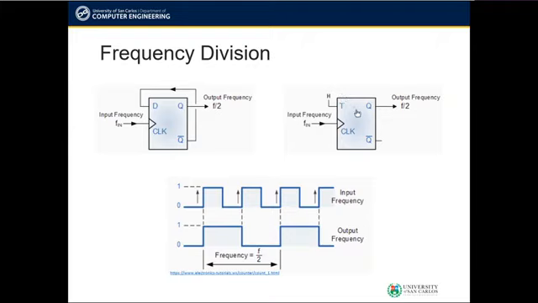And it would happen for every period or rising edge of the clock input signal, thereby dividing the clock frequency by 2. And again, the signal waveform of the output will look like this.